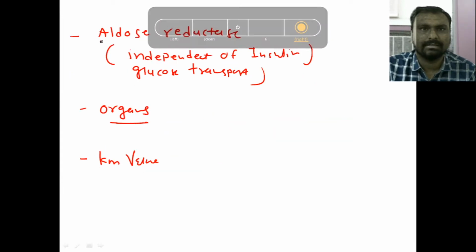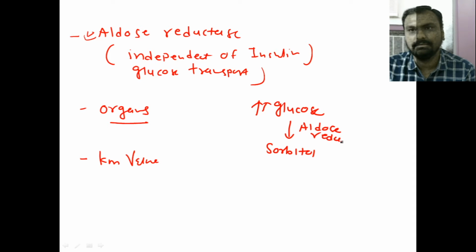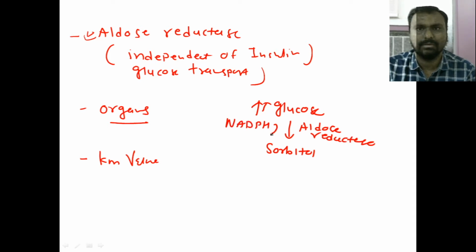So, the aldose reductase enzyme: whenever there is an excess amount of glucose, it is converted to sorbitol with the help of the enzyme aldose reductase and NADPH. NADPH is converted to NADP, and glucose is converted to sorbitol.